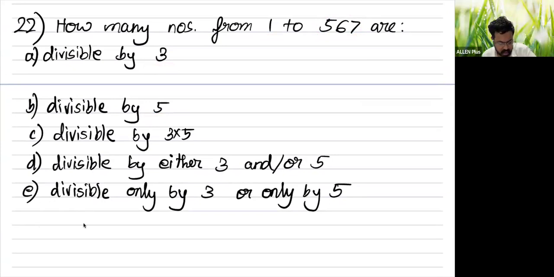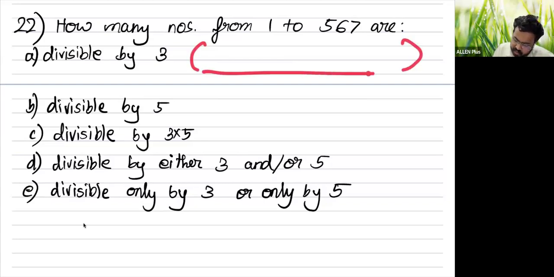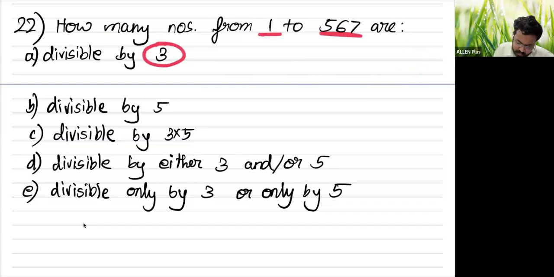Ranshu, not correct. Try again. Shubhangi, not correct. First part is not okay. So at least I'll try solving the first part for everyone so that everyone gets to know what exactly is supposed to be done. How many numbers from 1 to 567 are divisible by 3?